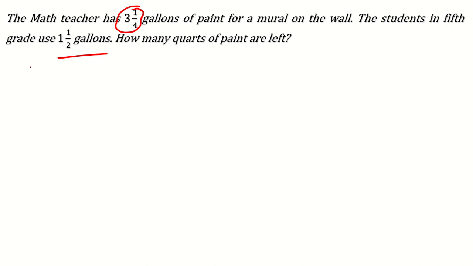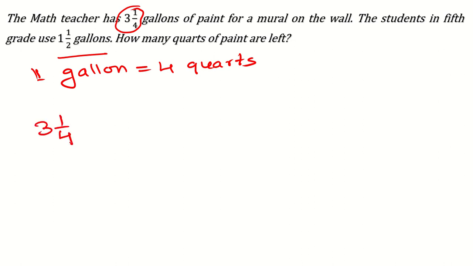So what can we do here? 1 gallon is equal to how many quarts? 4 quarts. Okay, now he has 3 and 1/4 gallons in the start, and then the students use 1.5.